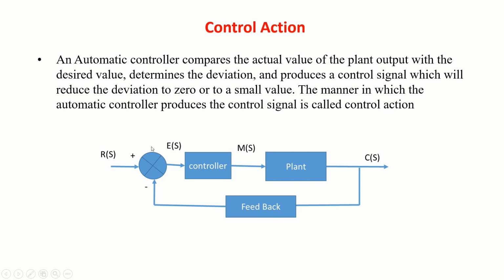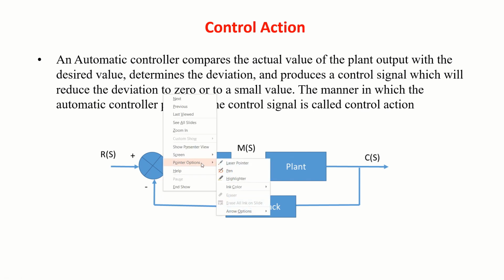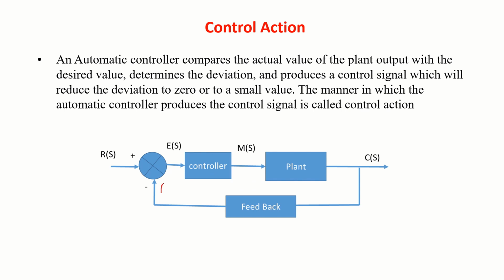So, you see, as I have been explaining, this is the plant, then this is the controller, and we have feedback. So here we get the feedback signal, and this feedback signal is subtracted from the reference signal.